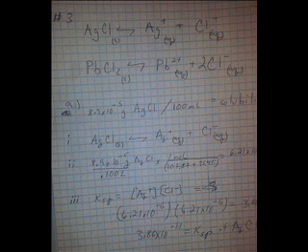Now, when we say solubility, excuse me, not part B, but part A2, A-II. When we say solubility, what we mean is the number of moles per liter of the solid that you can dissolve in some given amount of water.